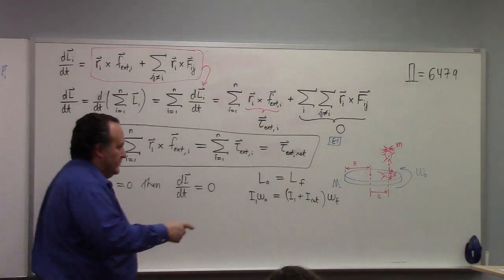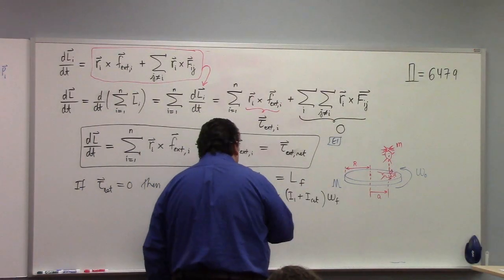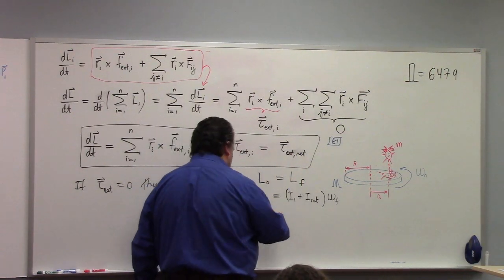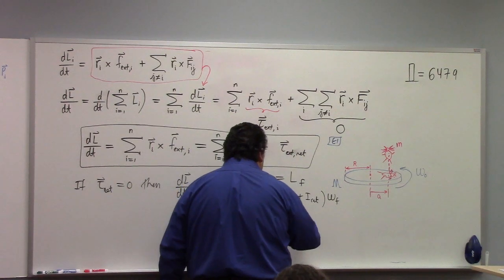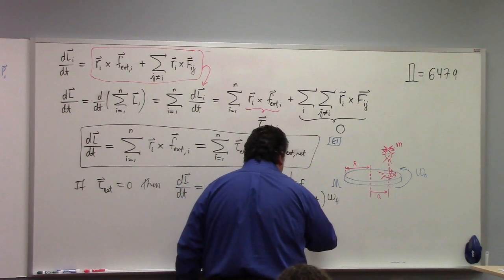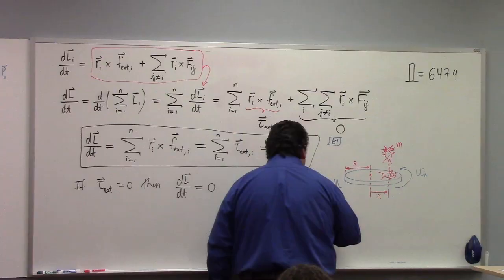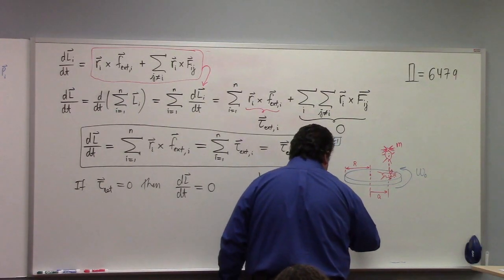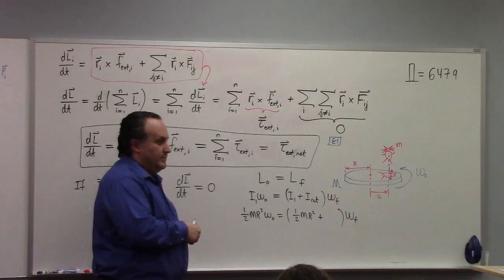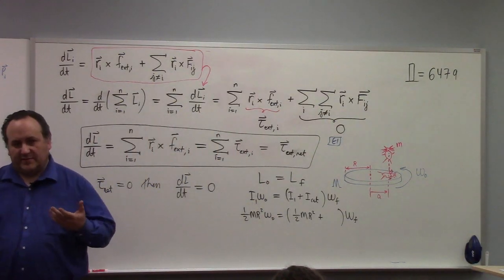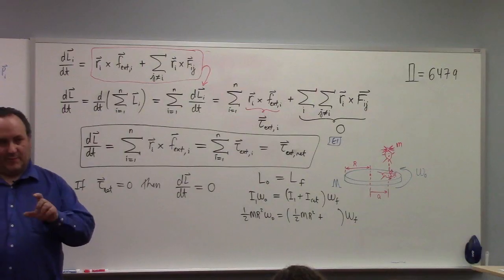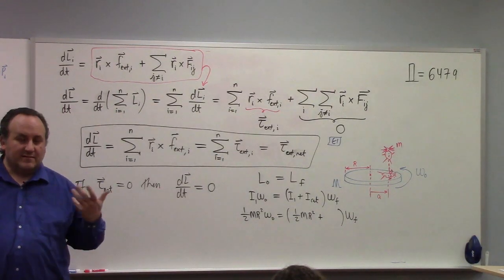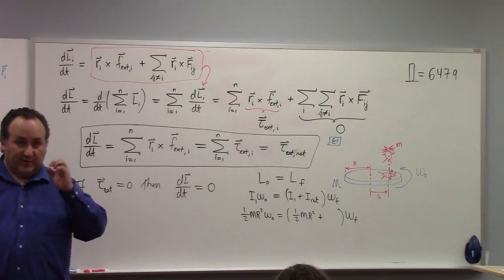What is the moment of inertia? 1/2 big M R squared, because it's a disk, omega naught, is equal to parentheses 1/2 big M R squared plus, what's the moment of inertia for the cat? I didn't tell you the geometry of the cat, but let's assume that the cat's like a point mass, all right? Because if details aren't given, you can assume that the object's a point mass, all right?